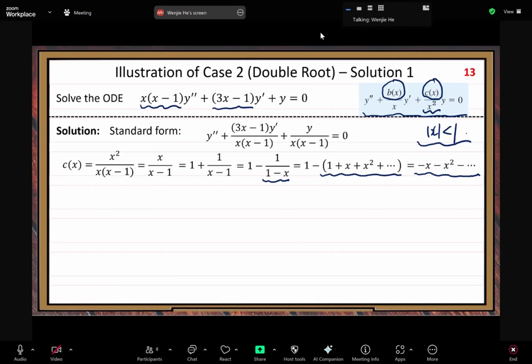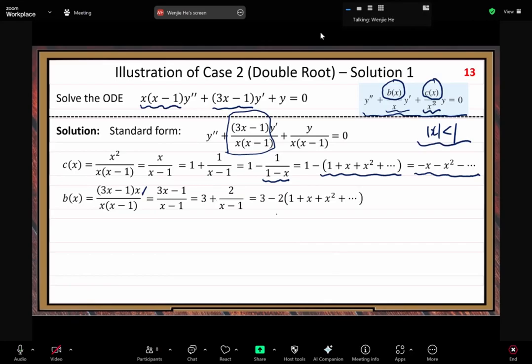Second, we need to represent B of x. Based on this format, you need to multiply by an extra x. This part, you need to multiply another x to it. Cancellation, right? You have 3x. Can you take 3 out? Then 3 minus 2 times that geometric series. Then you simplify a little bit.